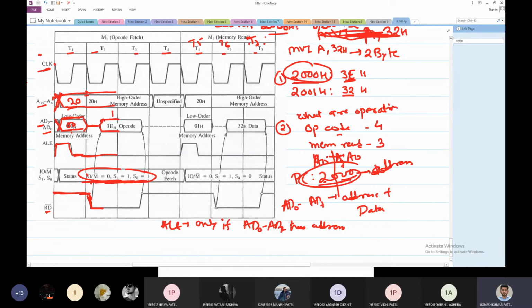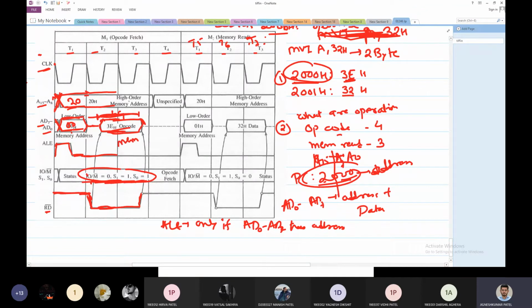It becomes available from half of T2 and stays available up to half of T3, so almost one T state. Until my read signal is low, up to that time my data would be available on the data bus. Where did this data come from? This came from memory.